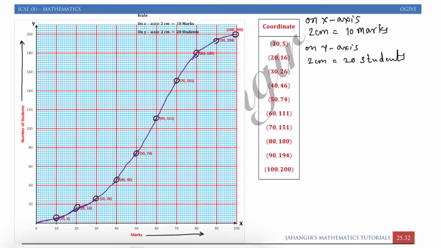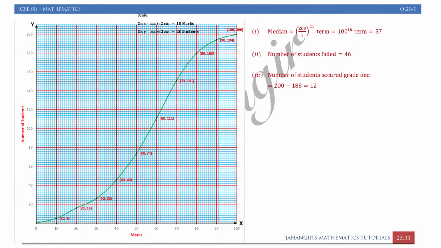Now we will answer the question from the graph which is drawn on the other page. Graph should look like this. Let me circle the coordinates.